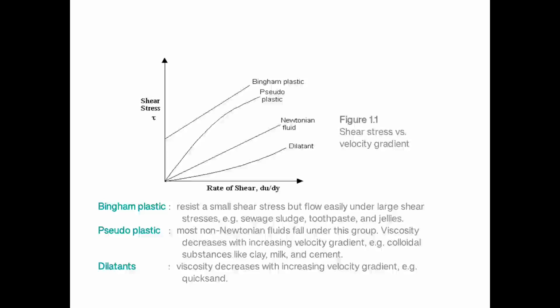The quicksand or quick setting cements are used for making the foundation pillars initially. So these are the typical ways to understand the importance of non-Newtonian fluids under the categories of Bingham plastic, pseudoplastic, and dilatant. Beyond that, there is shear rate thickening and shear rate thinning, which are considered with respect to time variation.